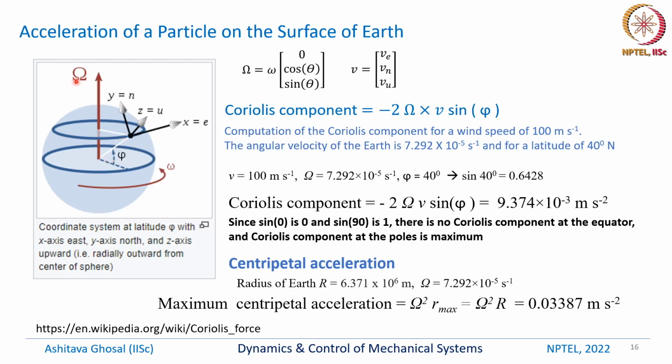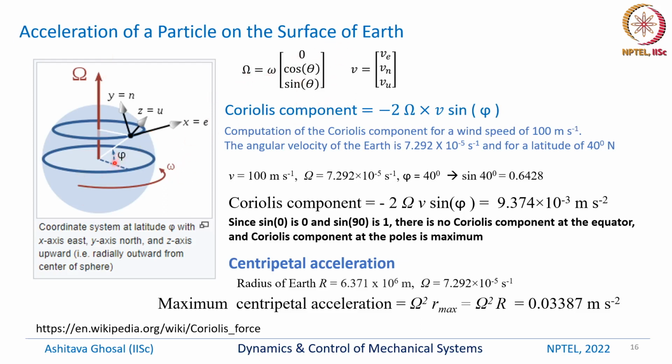And what we want to look at is, we want to see what are the various components of acceleration of a point which is on the surface of the Earth at a latitude of 40 degrees. So you can do it for any other latitude also. So the angular velocity is given by omega, which is 0, cos theta, sin theta.